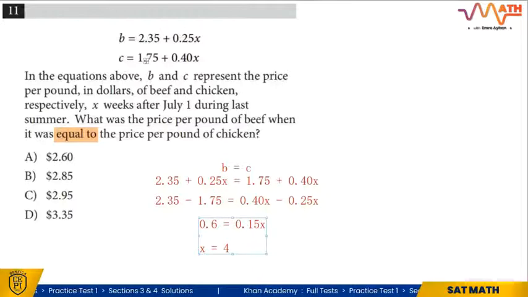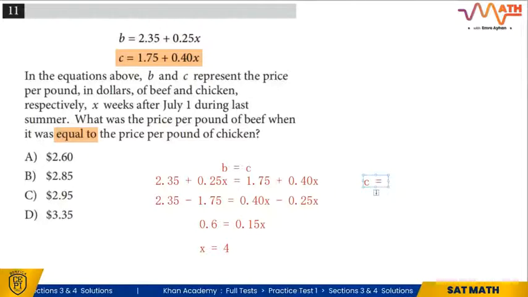So let's use this equation again to find the price of the chicken. Here, let's write C is equal to 1.75 plus 0.40 times 4, right? Times 4.